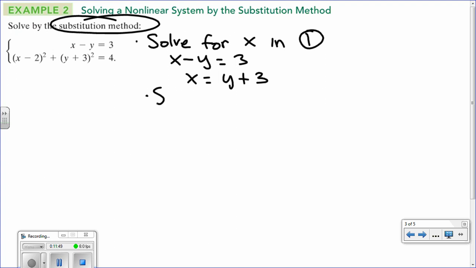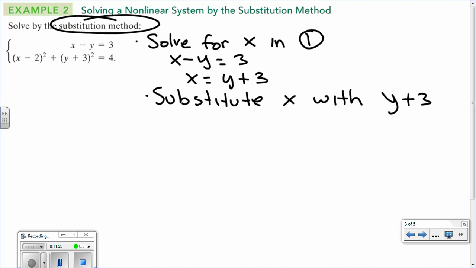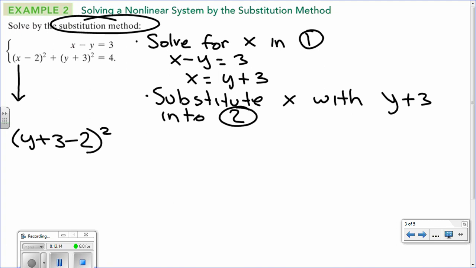Then we're going to substitute the x with y plus 3 into the second equation. While you do that, you have to be very careful, because instead of x, you have y plus 3, but then you still have this minus 2 here, and then close the parentheses.